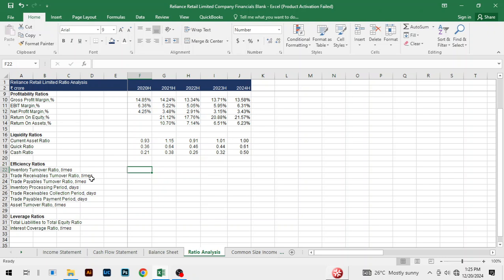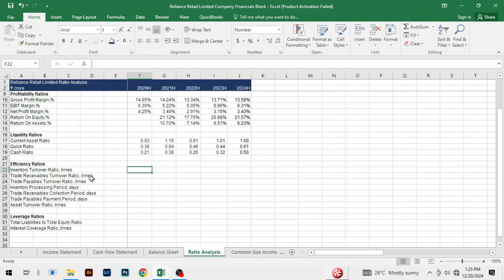So now we move on to computing efficiency ratios. So here we'll start by computing the inventory turnover ratio, the trade receivables turnover ratio, the trade payables turnover ratio. The inventory turnover ratio shows us how many times the company replenishes its inventory, right?